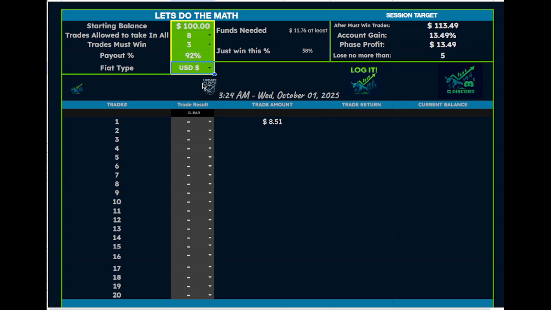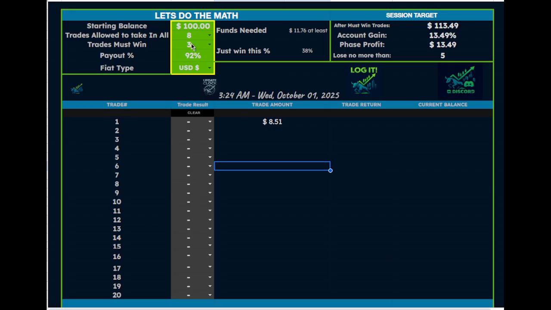So as you can see up here within this yellow box, starting balance is $100. All right. Trades allowed to take in all. This is basically saying, hey, I only want to take 8 trades, 8 trades in all. Okay. But trades must win.